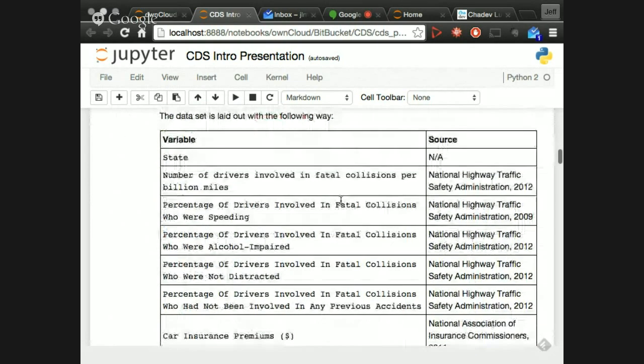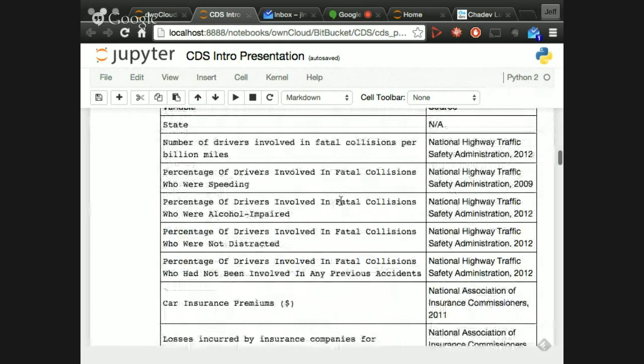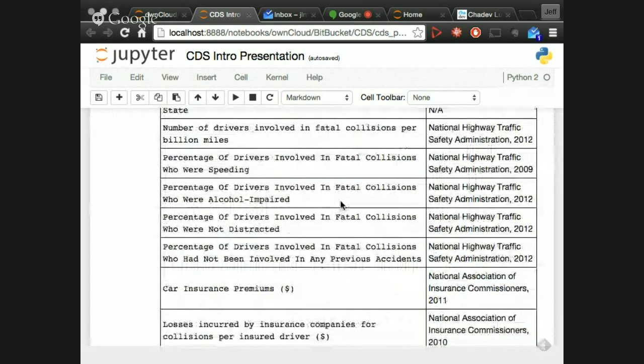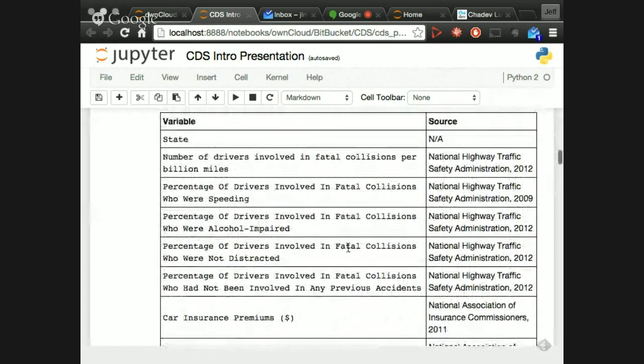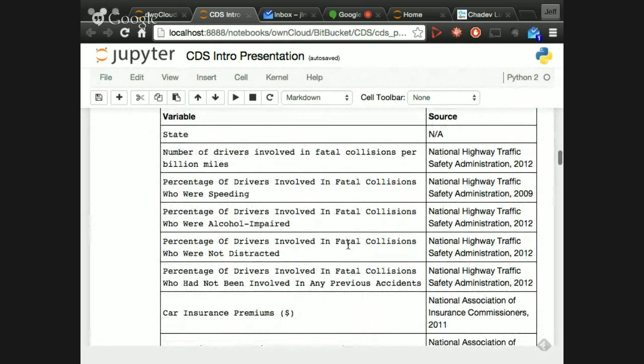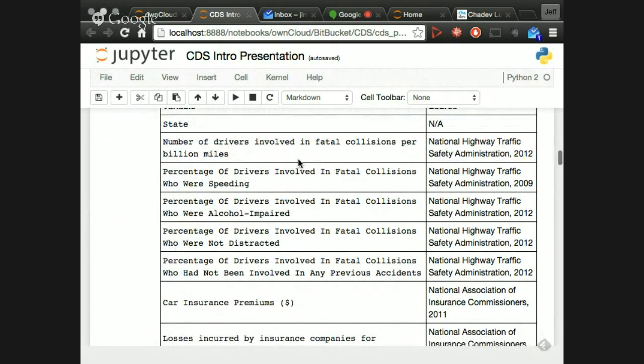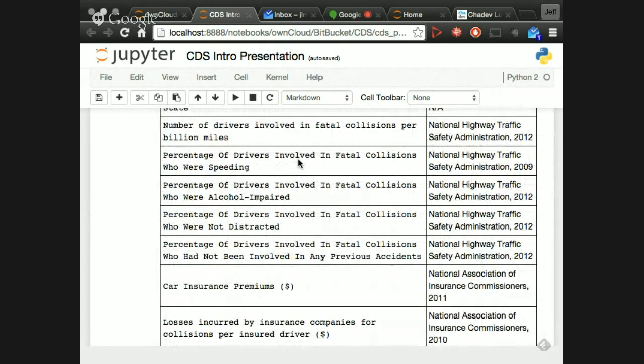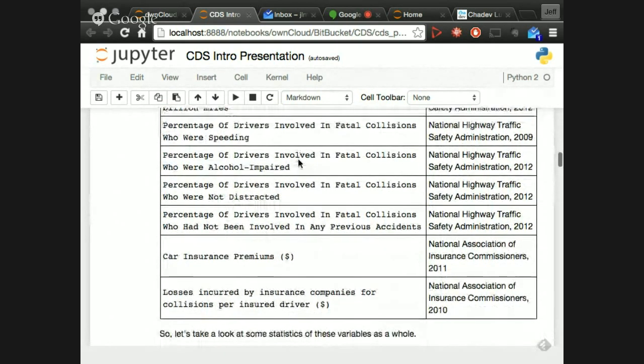So for initial exploration of the data, oh man, this resolution is small. So we have states with our data, basically the states and the names, and then for every state, we have the number of drivers involved in fatal collisions per billion miles, percentage of drivers involved in fatal collisions who are speeding, percentage of drivers who are alcohol impaired, who were not distracted.